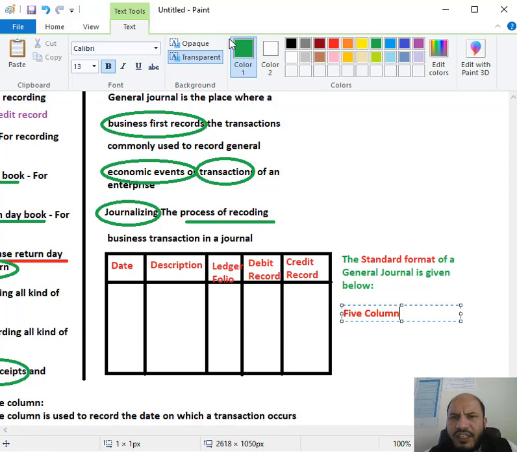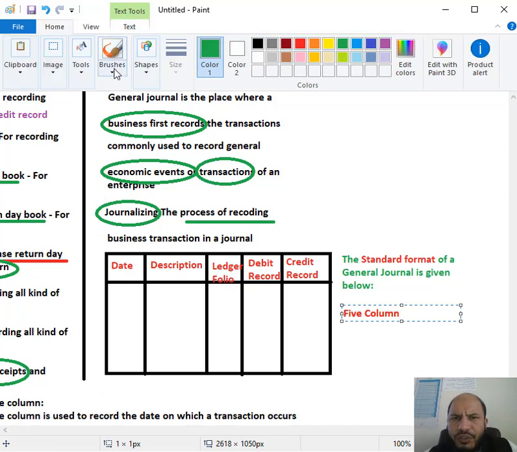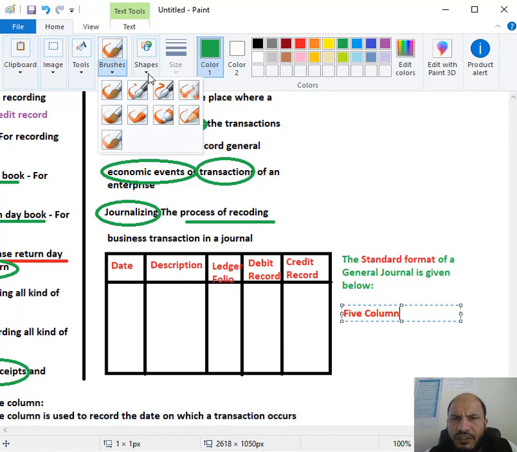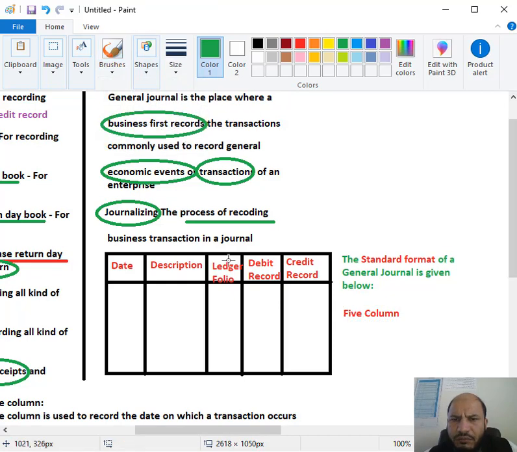Dear students, as I mentioned earlier, we have 5 columns in general journal. The first column is for the date, the second column is for the description of the transaction, the third column is for the ledger folio, also called the reference column of ledger accounts, the fourth column is the debit record, and the fifth column is the credit record.